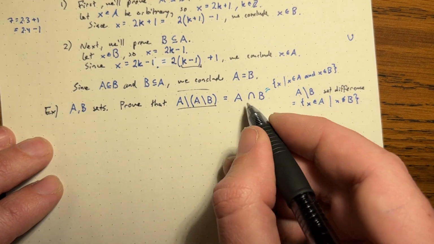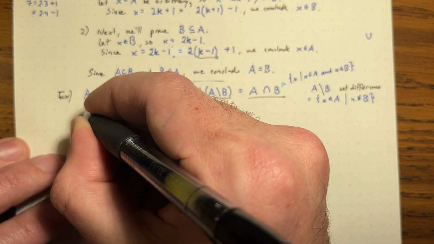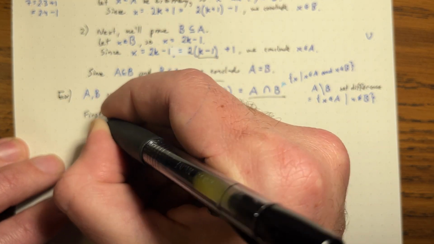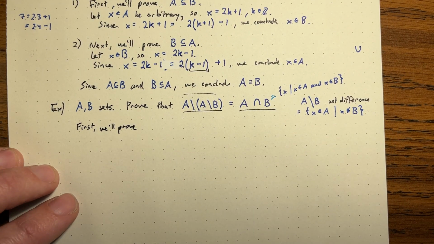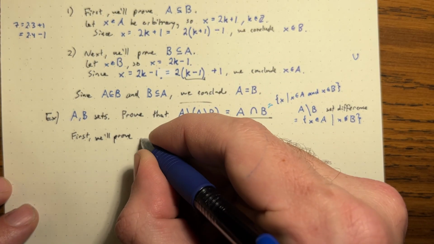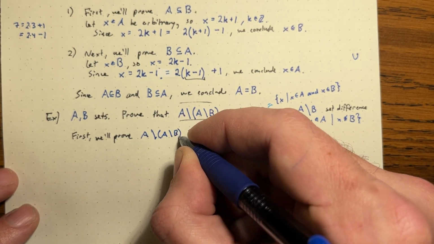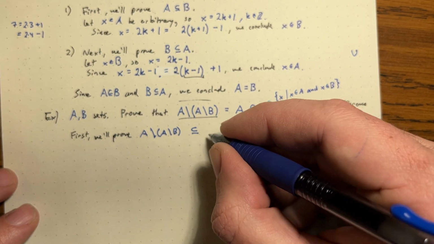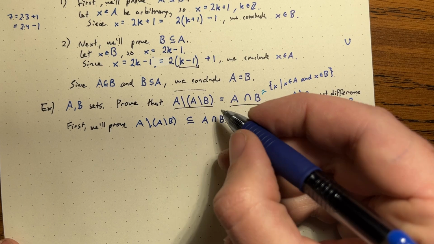So we have these two sides. We can choose either way. So let's prove that the left side is contained in the right side. Then we'll do the opposite conclusion. Okay.